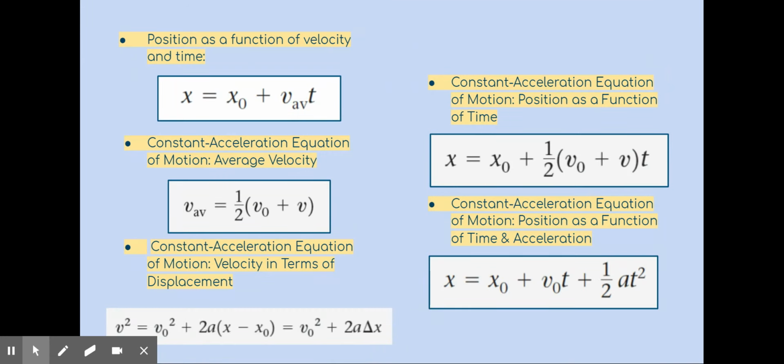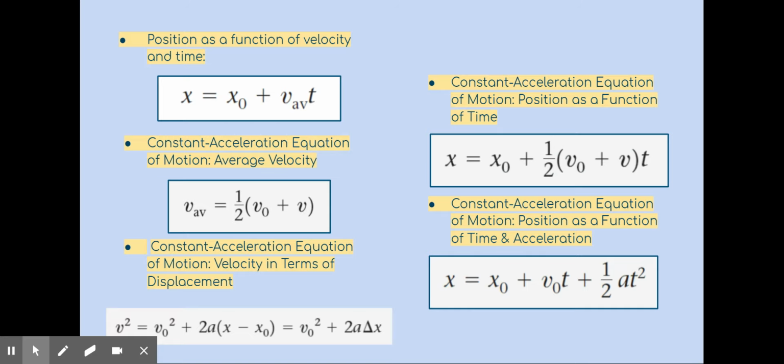I'm not going to take you through the derivations for these next equations of motion. The book does that, so you can refer to the book if you would like to see how these were derived. But these are 5 more equations of motion. So we see position as a function of velocity and time. We see our constant acceleration equation for average velocity.